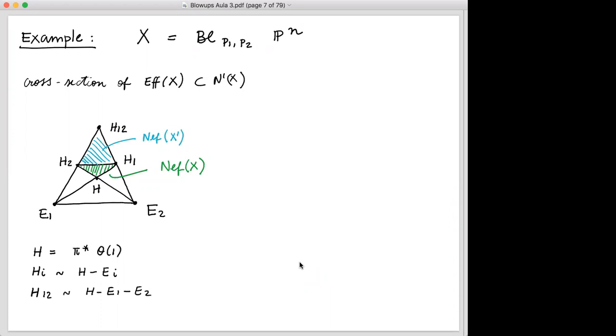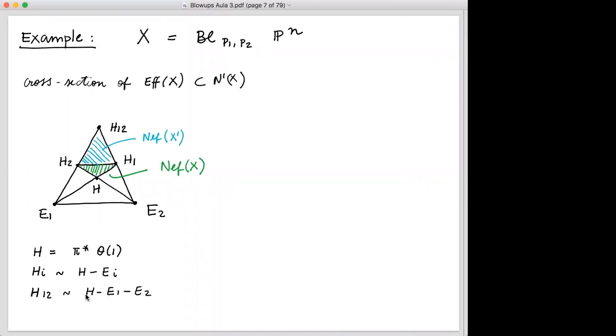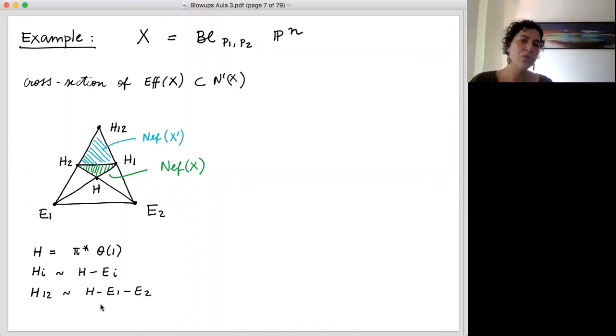I recall that H is the pullback of a hyperplane section. I denoted by H sub i the strict transform of a hyperplane that passes through the point Pi, and by H12 the strict transform of a hyperplane passing through the points P1 and P2. So with this notation, this is the effective cone. It's generated by these 5 toric invariant divisors that I described there.